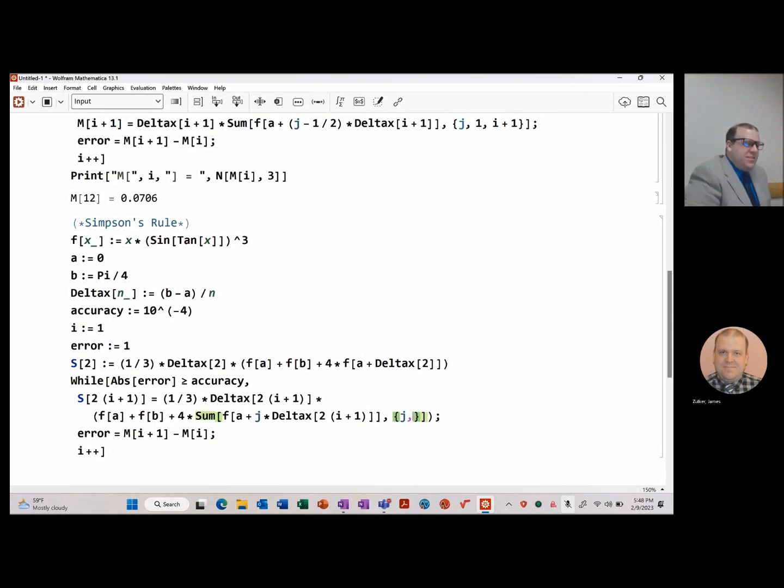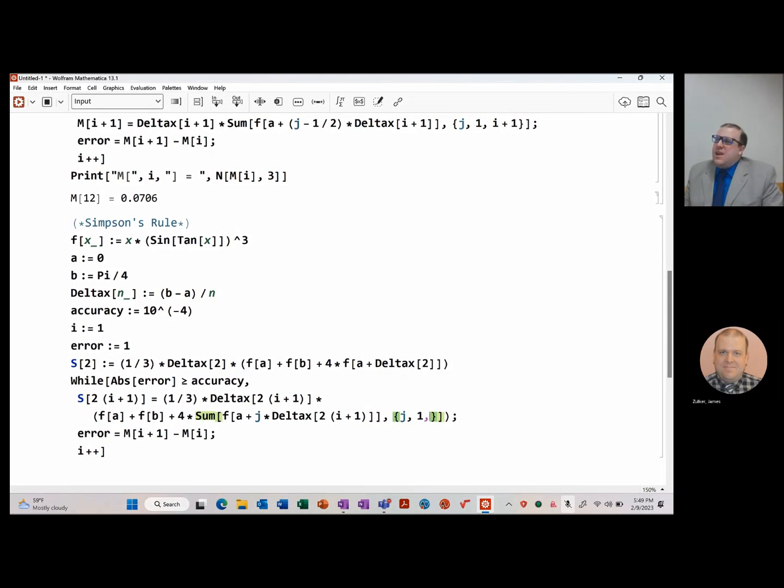Our index is J. One's odd, so we're going to start at 1. Oh, okay, yeah, I was looking at the wrong one on my code. Yep. Start at 1. We want to go to the one just before the final, right?